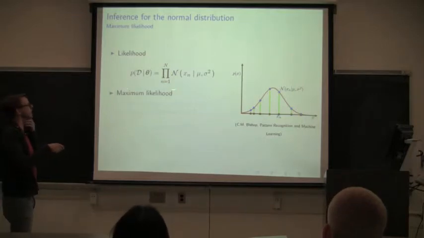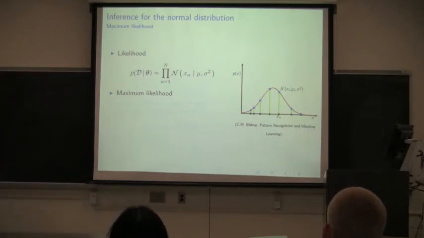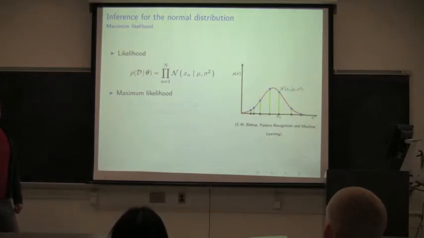As I said, the likelihood is a scoring function for the parameter. So don't say the likelihood of the data; it's the likelihood of the parameters given the data. Or it's the likelihood of the data given the parameters, but if you just say likelihood of the data, it's the likelihood of the parameters.